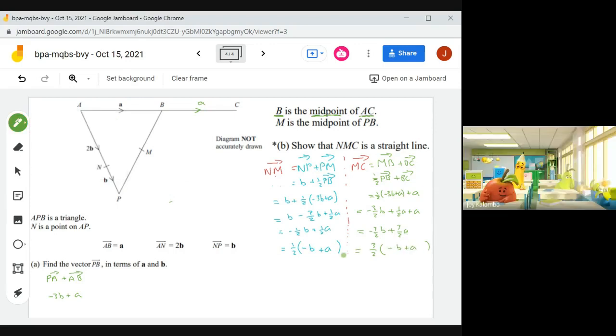So this is not an accident. What this tells us is because they are both multiples of the same vector, in this case minus B plus A, therefore they're parallel.